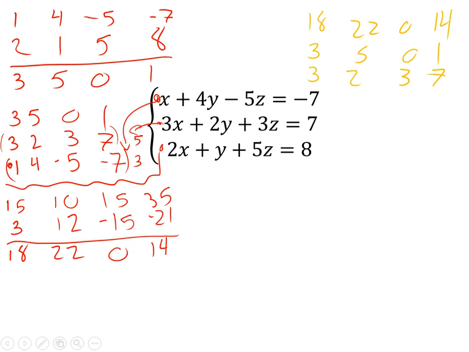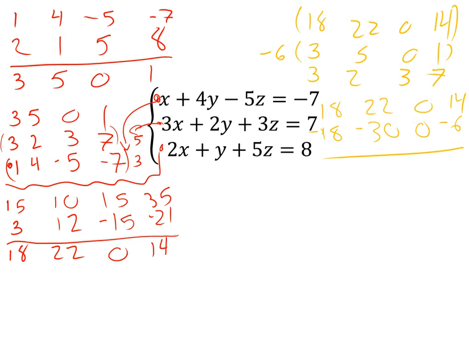Now I'm going to take the top two and try to zero out another one. The easier one to zero out will be the x when I multiply negative 6 in. So I have 18, 22, 0, 14, and then I have negative 18, negative 30, 0, negative 6.